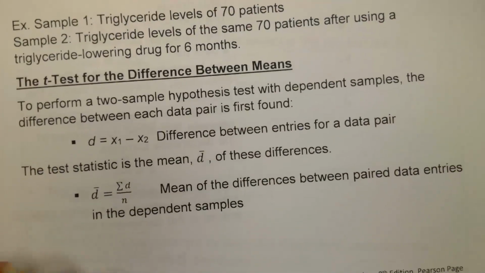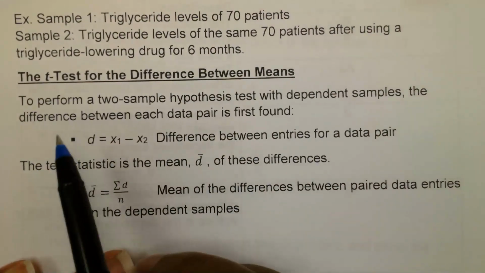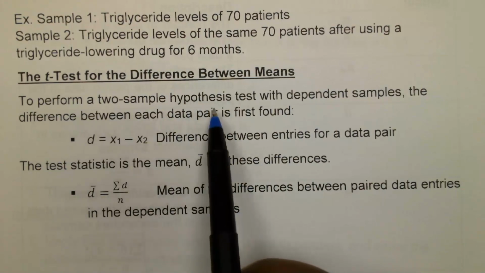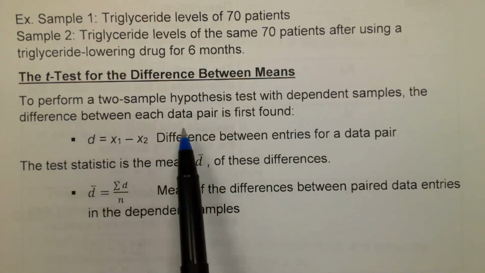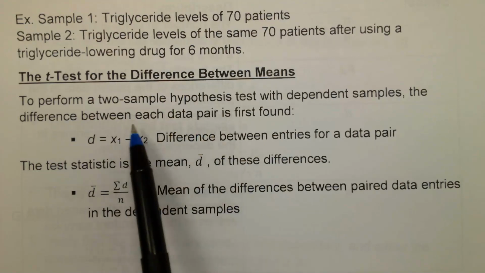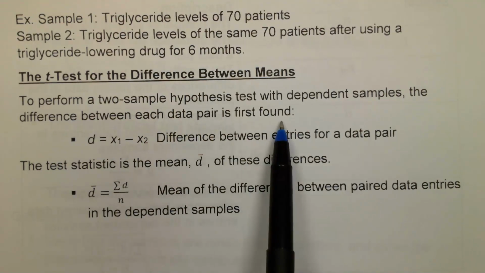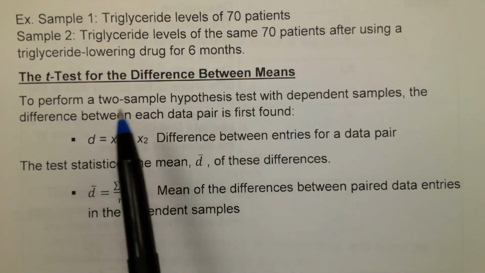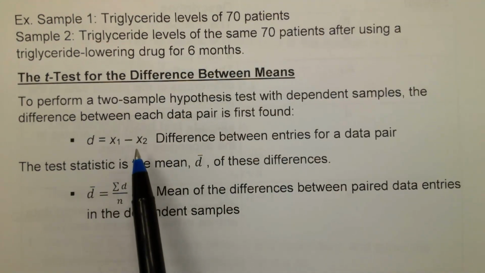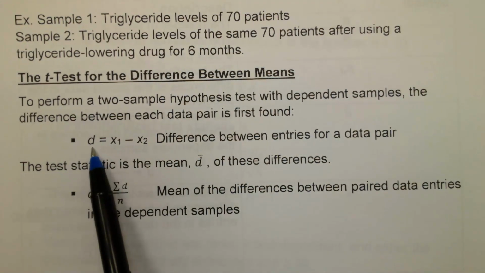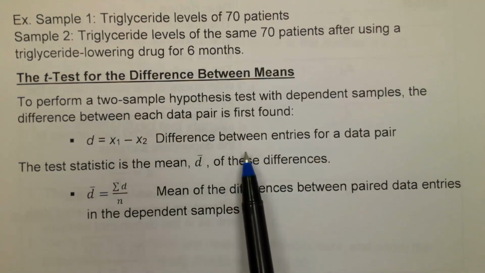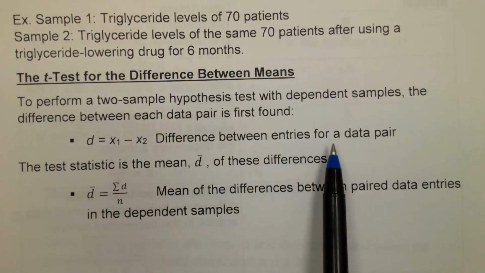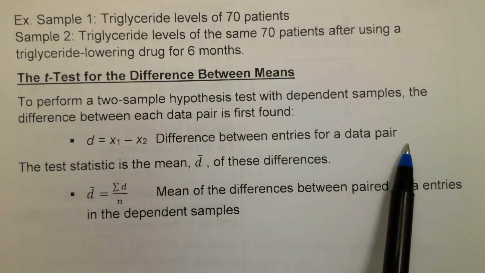So let's talk about the t-test for the difference between the means. For a two-sample hypothesis test with dependent samples, the difference between each data pair is first found by finding the difference between the entries. So the difference is d = x1 minus x2. This is the difference between the entries for a data pair.